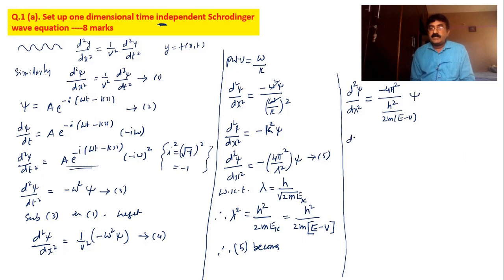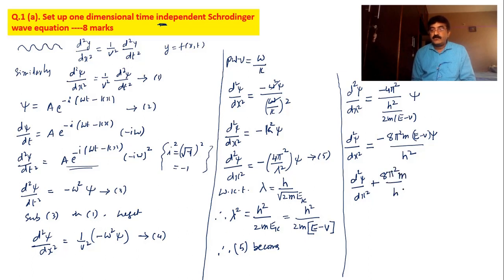So d square psi by dx square is equal to minus, 2m goes to the numerator, so it becomes 8 pi square m into E minus V into psi, divided by h square. Finally, take this to the LHS: d square psi by dx square plus 8 pi square m by h square into E minus V into psi is equal to 0.